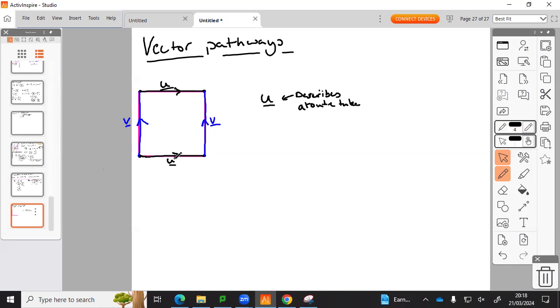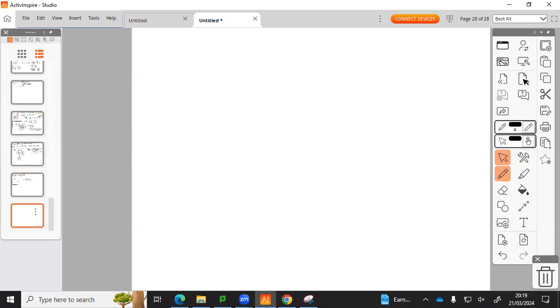Now that's important when we're considering vector pathways. Certainly that's the way they ask the question. All right, so we can call two different lines by the same vector.